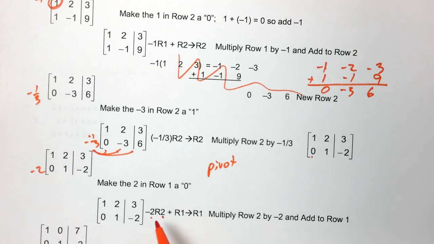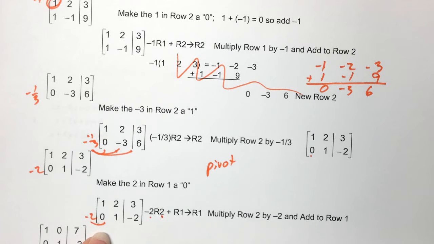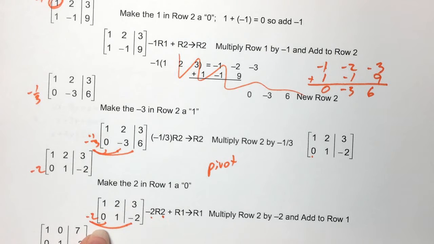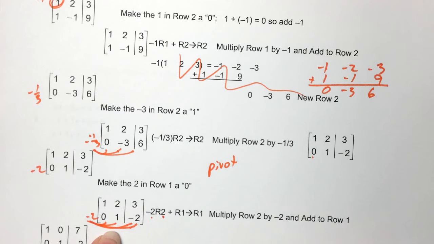Okay? Negative 2 times 0 is 0. Negative 2 times 1 is negative 2. Negative 2 times negative 2 is positive 4. Okay, so that's the multiplying part.